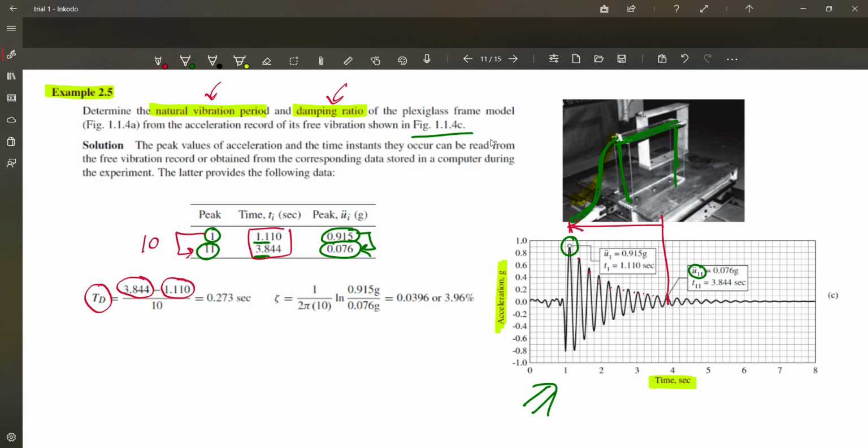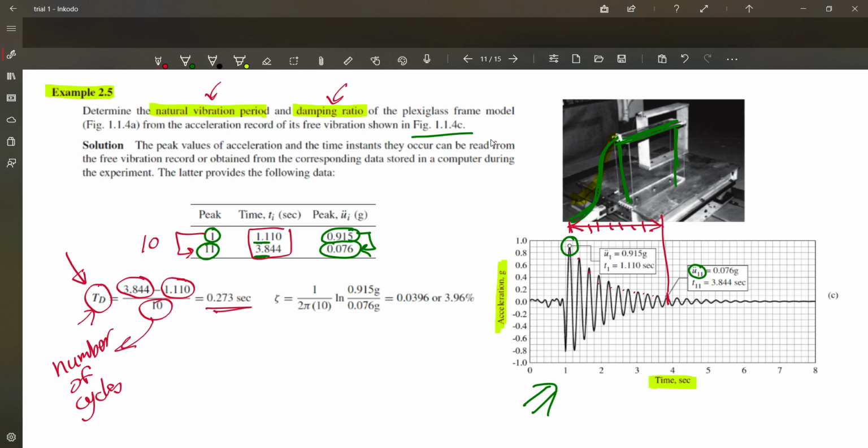TD is the total time over the number of cycles, and we have 10 cycles, already read for us. From here we can get TD, the damped period of the system, which is going to be 0.273 seconds.